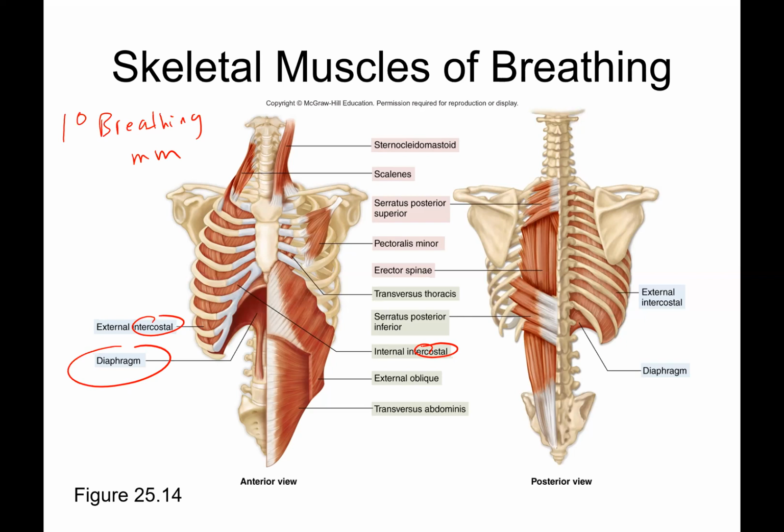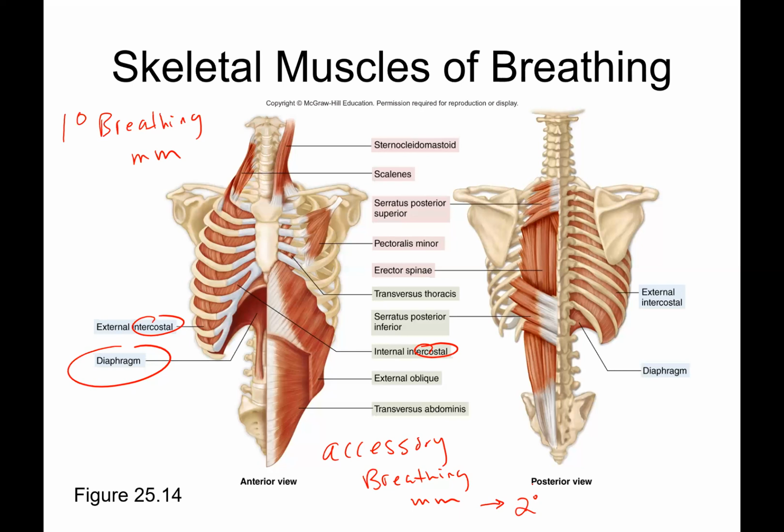Then you have your accessory breathing muscles. You might also read them as secondary. So shorthand is 2 degrees or secondary. So accessory breathing muscles or secondary breathing muscles.